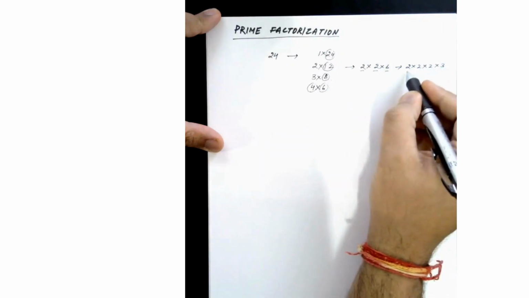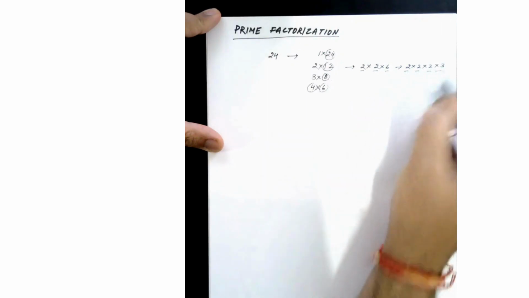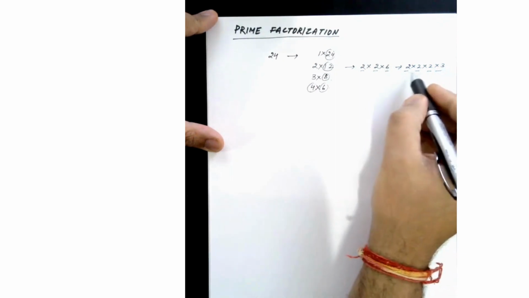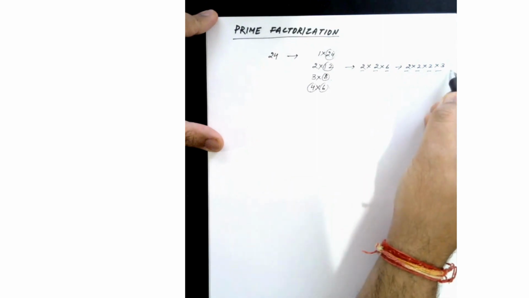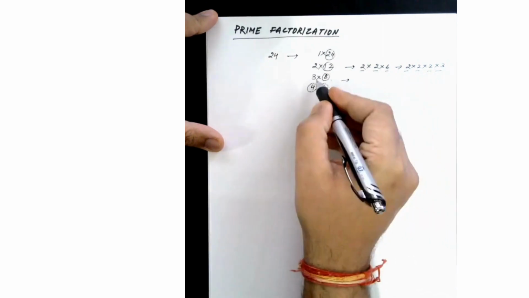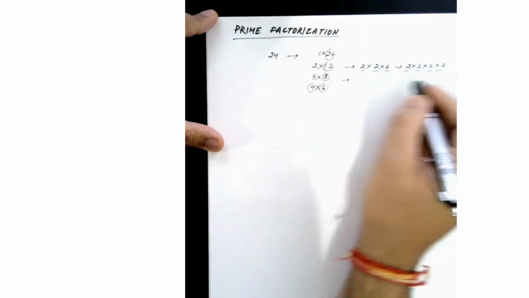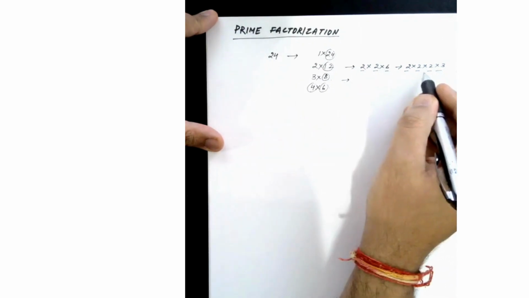We keep dividing by factorization until we are left with no factor which is a composite number. So all these factors are prime factors.